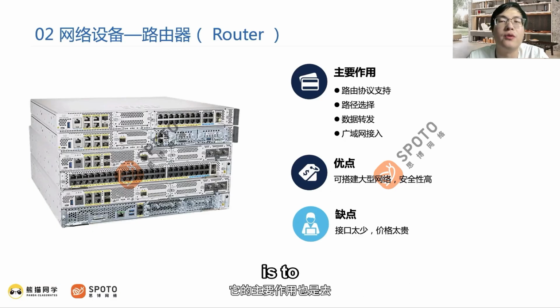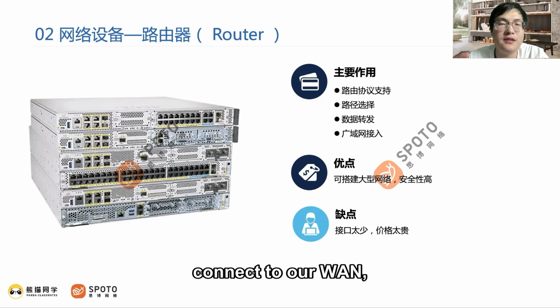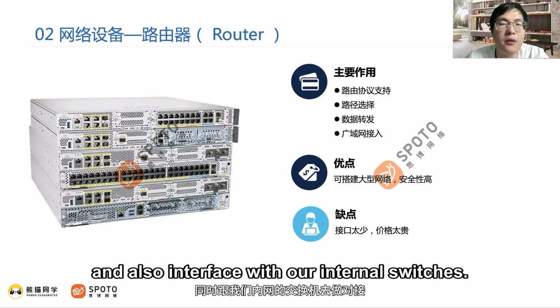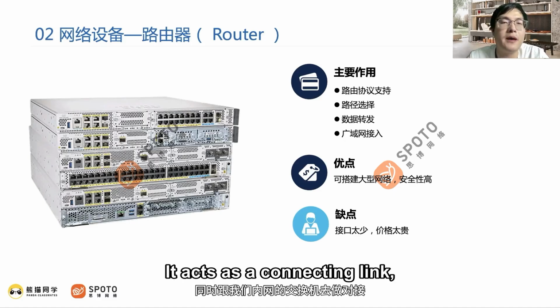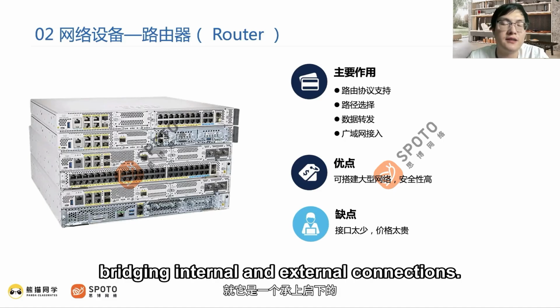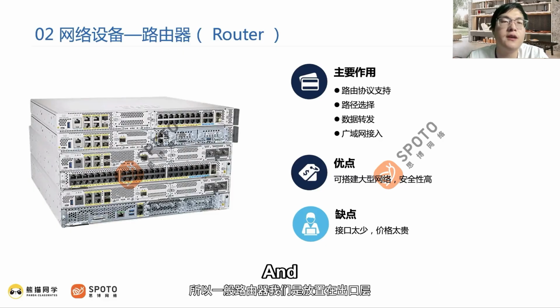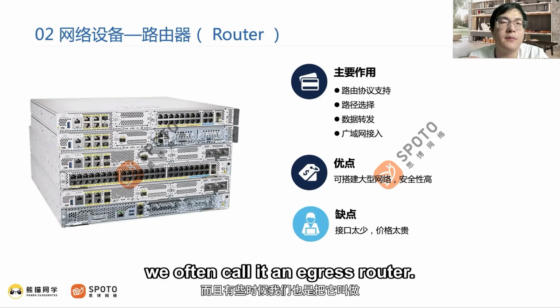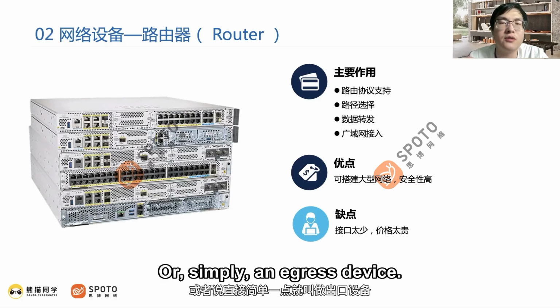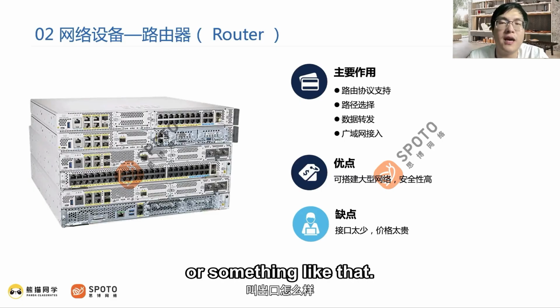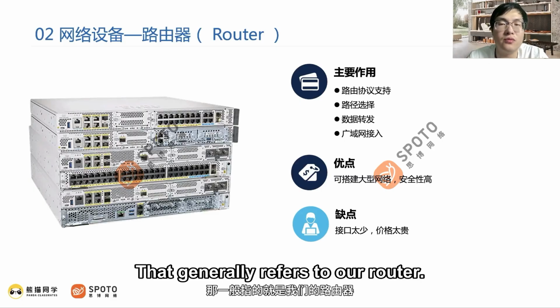Its main role is to connect to our WAN and also interface with our internal switches. It acts as a connecting link, bridging internal and external connections. We usually place routers at the egress layer, and we often call it an egress router, or simply an egress device. That generally refers to our router.